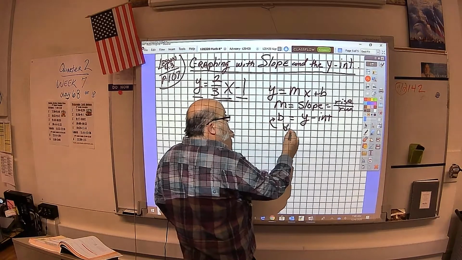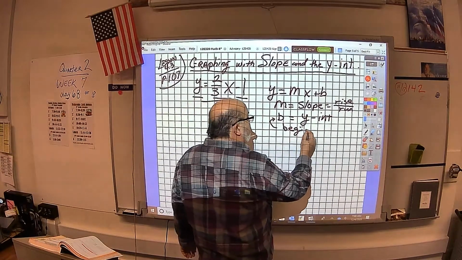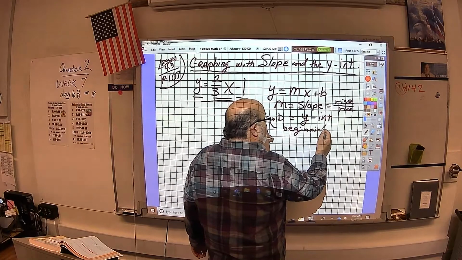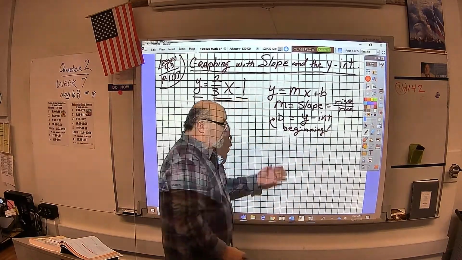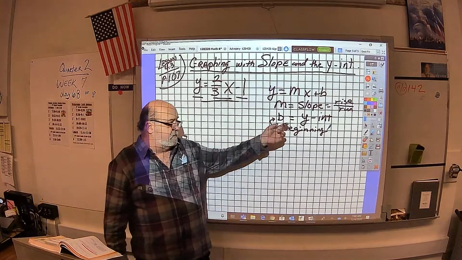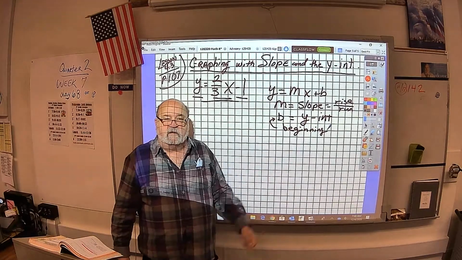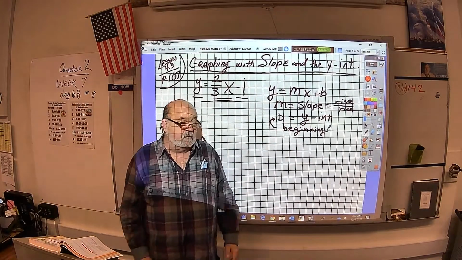And I'm going to write this here. Beginning. This has been B for the longest time because the y-intercept is where we want to begin our graph.